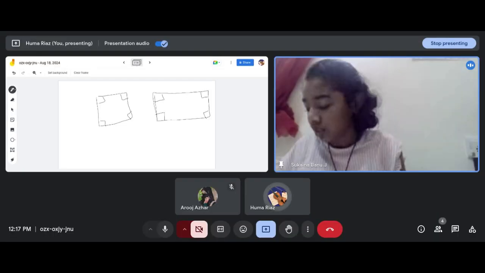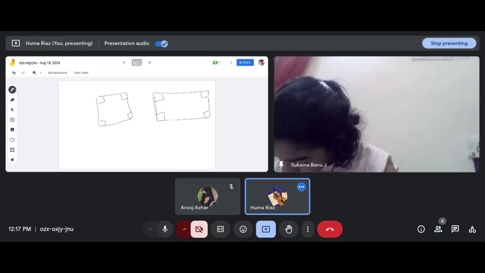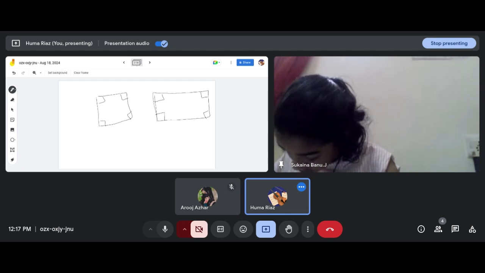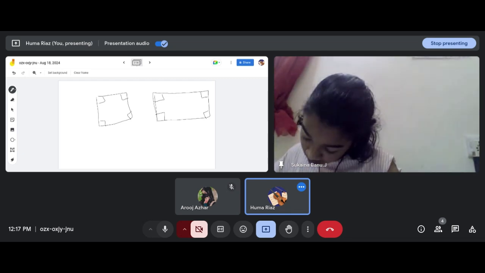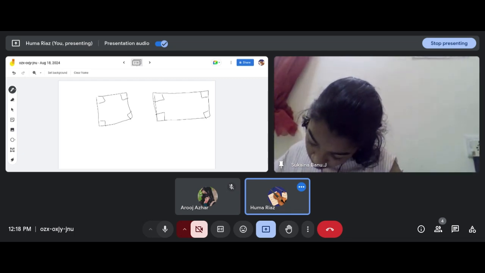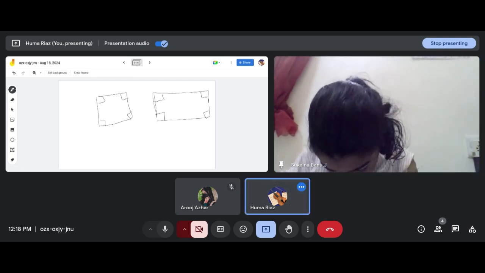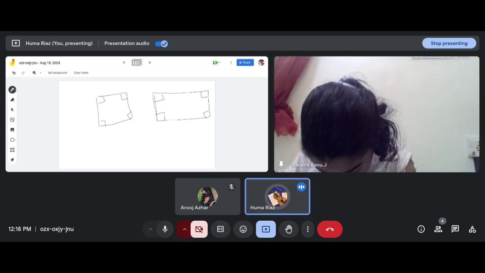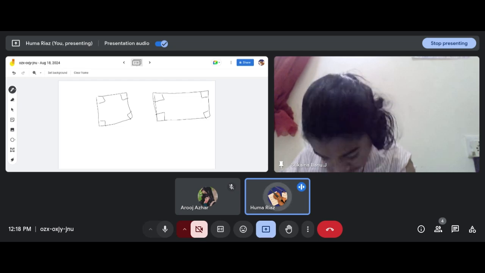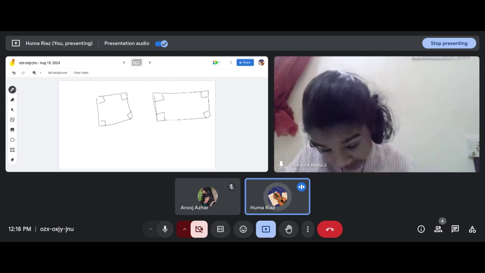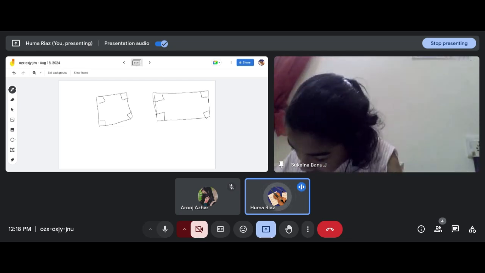B. A square is a parallelogram because its opposite sides are parallel to each other.